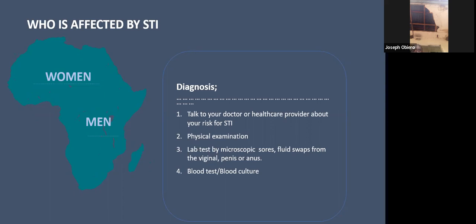So those are some of the risk factors which can expose somebody to STI infection.